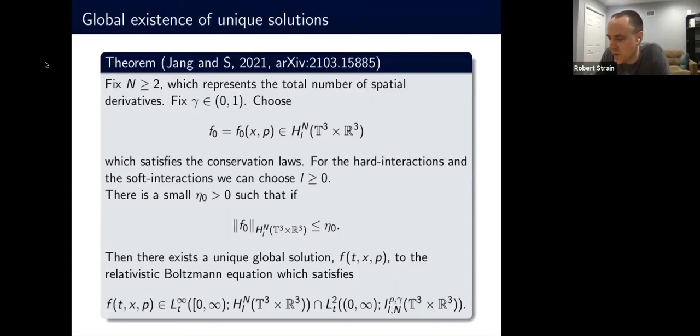So with Jimu Zhang, I proved: fix some derivatives and put your initial data in a Sobolev space with weights.